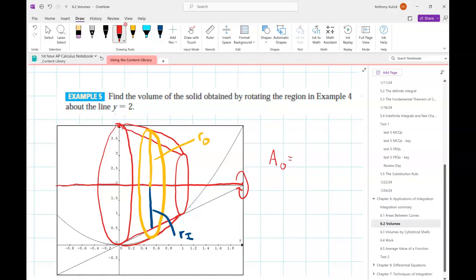So both of these are going to be circles, right? So I'm still making a disk. So let's think about what the distance for the outer radius is going to be.